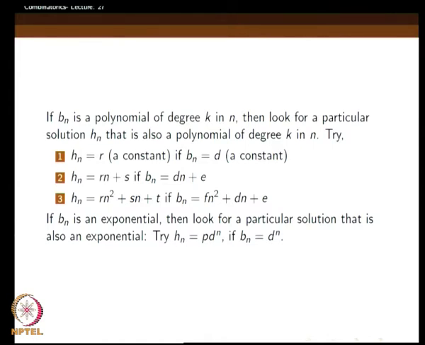The difficult part is to get the solutions for the characteristic equation, which may not be so easy because we do not have techniques to solve any polynomial equation. For instance, if it is a higher degree polynomial, we may not be able to do it so easily. That is the difficulty in using this method. But somehow we can find the roots of the polynomial.